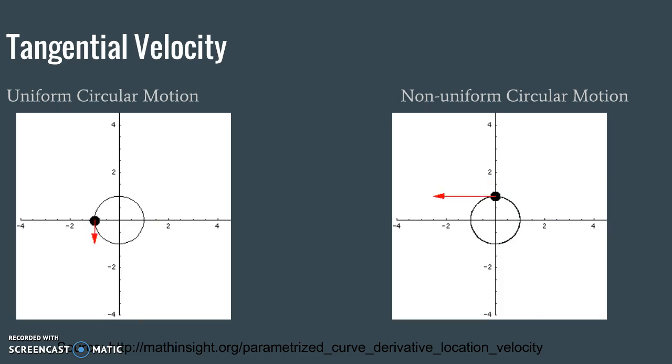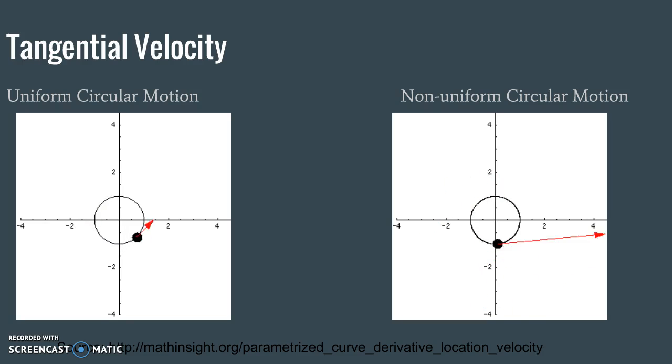Here are some really nice GIFs about speed, or I guess in this case, tangential velocity. So the first image we have here on the left is of uniform circular motion. This red arrow we have here is drawn on this object moving in a circle. This arrow represents the tangential velocity. As you see, this arrow is drawn tangent to the path at which the object is moving in the circle.